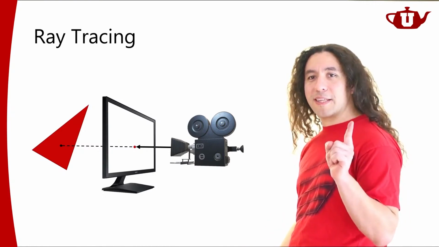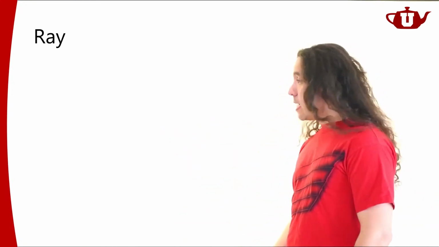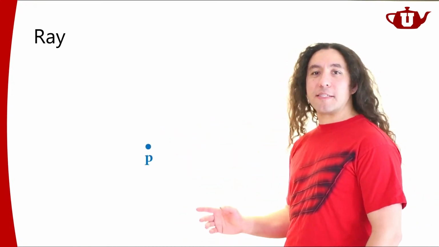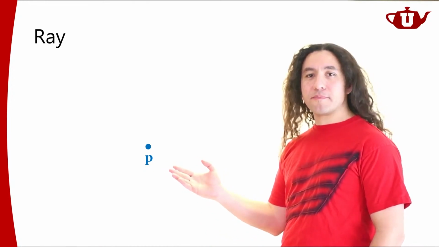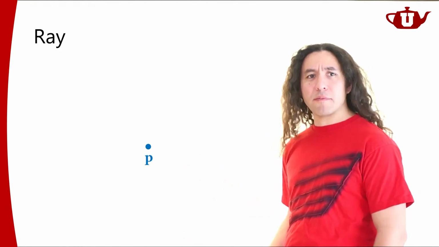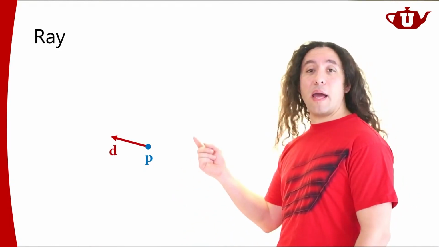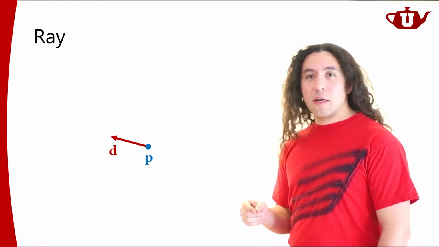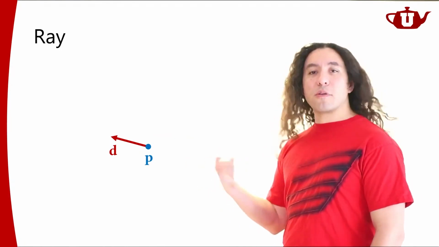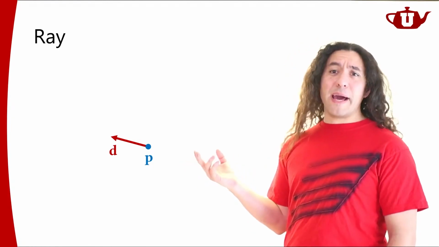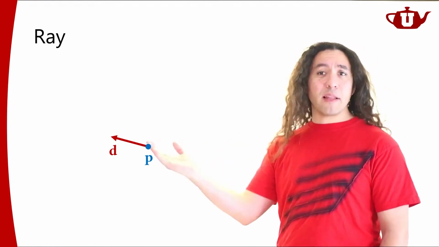But let's start with a ray. So what's a ray? A ray is a point or an origin. So it has a position. Let's call it an origin of the ray, and it also has a direction. So a ray is defined by a point and a direction for the purpose of computer graphics. A ray, mathematically speaking, is just going to be half a line, right?